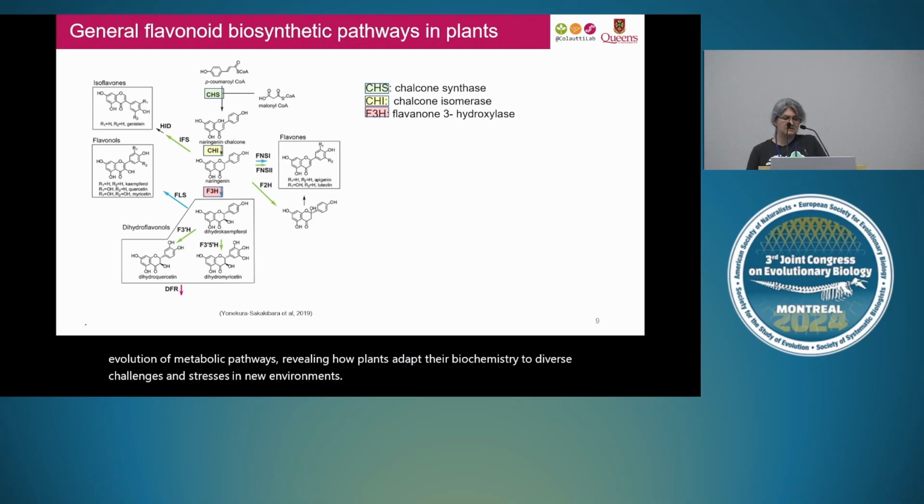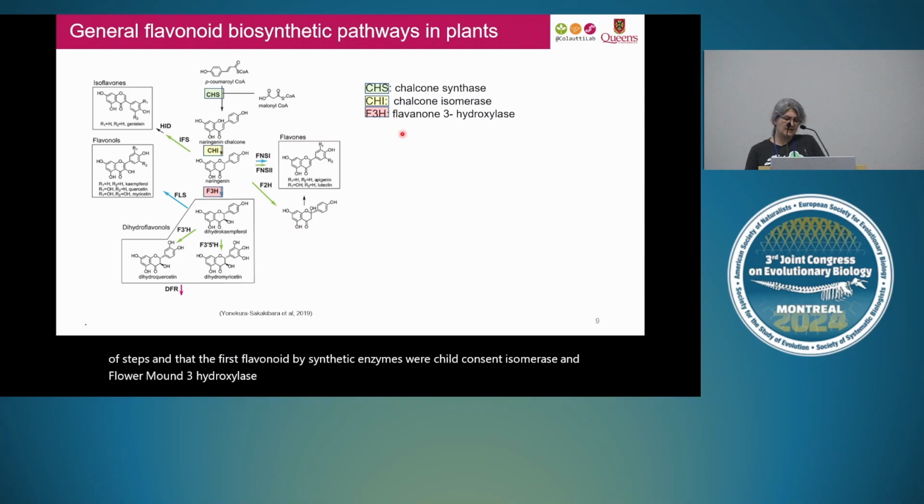Here is our general flavonoid biosynthetic pathway based on the distribution patterns of the flavonoid subclasses. It has been suggested that these pathways may have evolved via a series of steps, and that the first flavonoid biosynthetic enzymes were chalcone synthase, chalcone isomerase, and flavanone 3-hydroxylase.